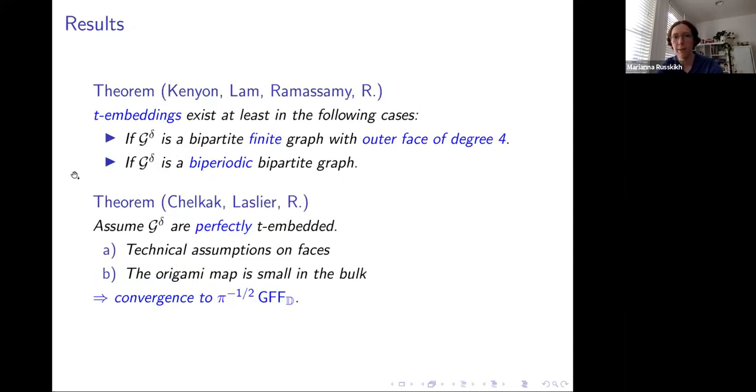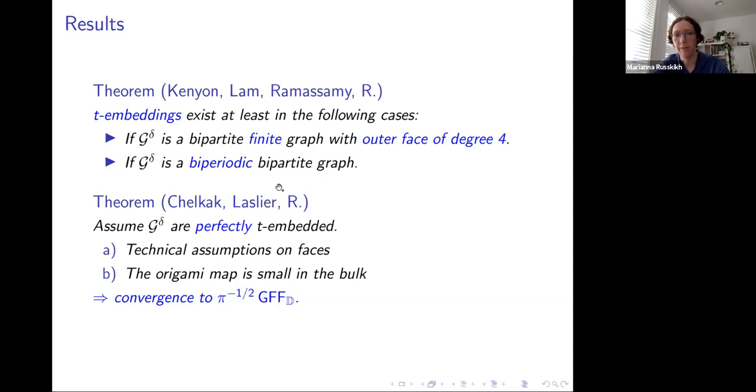And here are 2 main results. Indeed, we can show that such embeddings exist at least in the 2 following cases: if we start with a finite planar bipartite graph with outer face of degree 4, or for any biperiodic bipartite graph with biperiodic weights. In these 2 cases, we can show that t-embeddings for any given graph with weights exist.